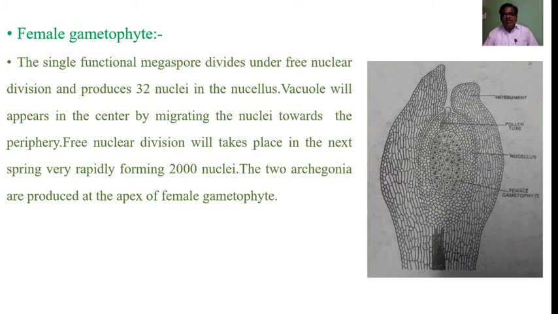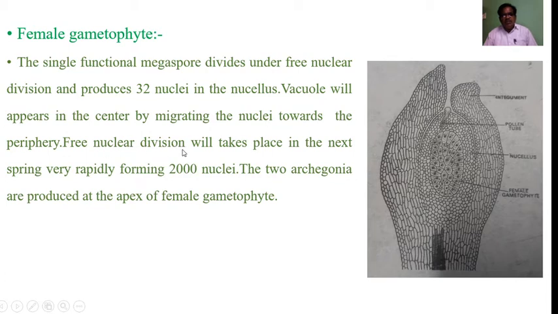So what happens in this way: continuously, as nuclei are formed in the nucellus, they divide and redivide. As a result, about 32 nuclei are freely formed in the nucellus, and at the center a vacuole forms, and these 32 nuclei migrate towards the periphery.